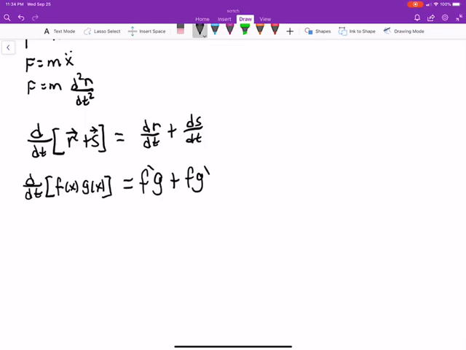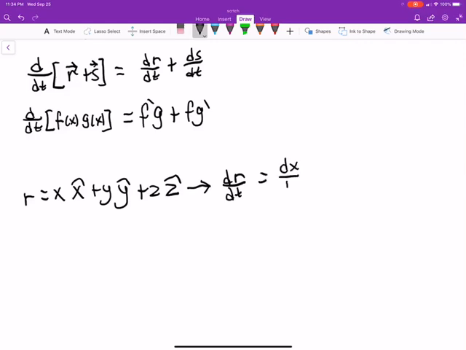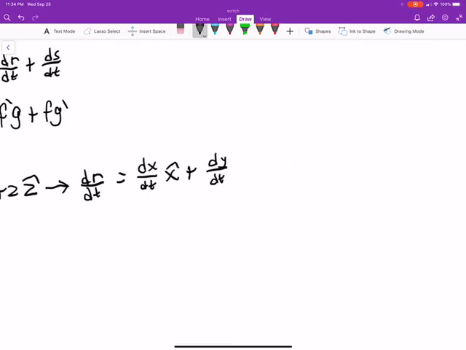Likewise, let's say we have r equals x x hat plus y y hat plus z z hat. Then the derivative of r with respect to t is dx/dt x hat plus dy/dt y hat plus dz/dt z hat.